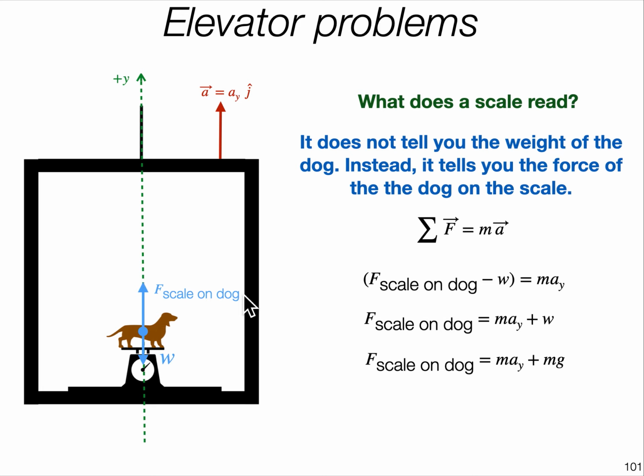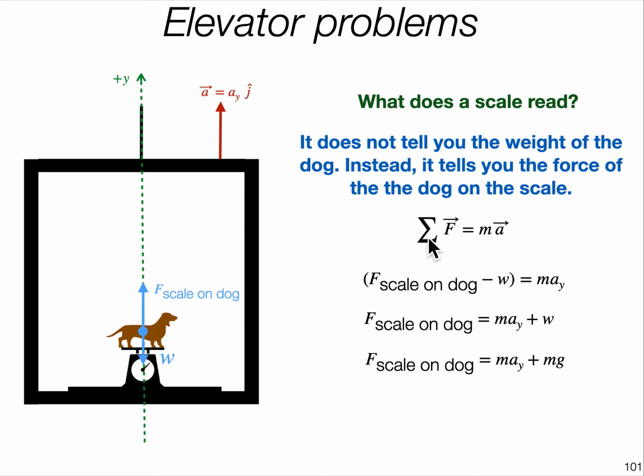That force upwards is the force of the scale on the dog, because the scale is what is pushing up on this dog to cause it to accelerate upwards, just like the elevator. And so if this dog is accelerating upwards, it must be that we have unbalanced forces acting on the dog. It must be that the force of the scale on the dog is bigger than the weight of the dog, such that the dog is accelerating upwards.